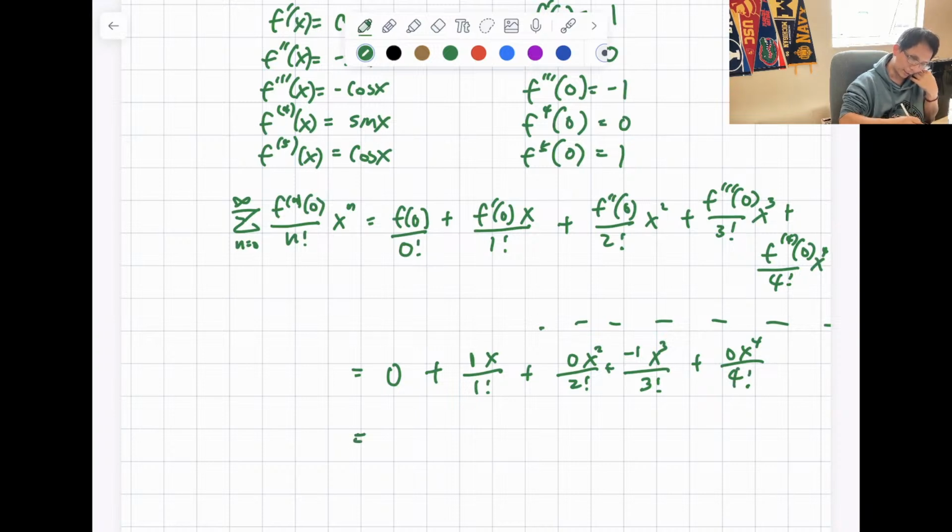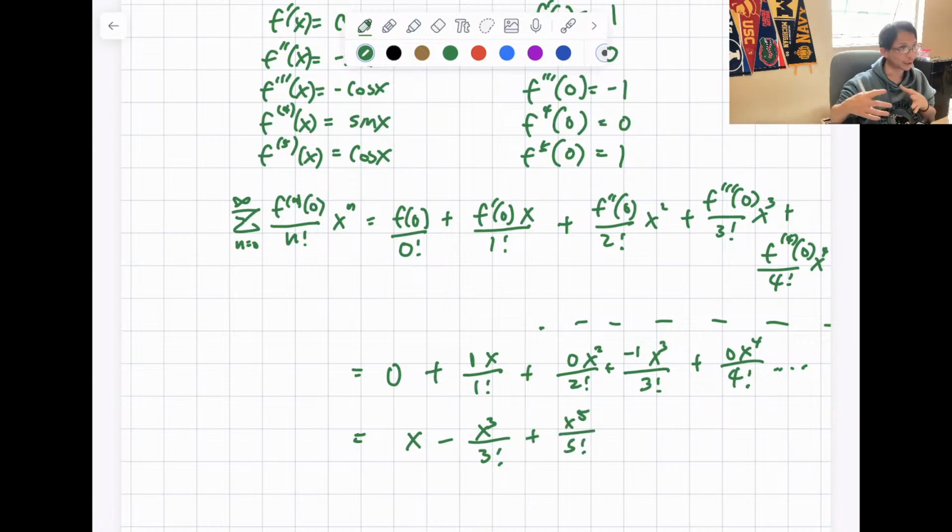Now you see here is x minus x cubed over 3 factorial. And you can probably predict what's going to happen. Plus x to the 5 over 5 factorial if you keep on going.